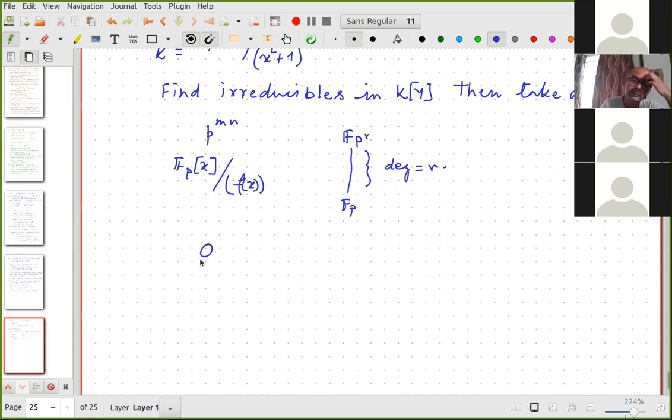Essentially you can do that over any PID. But anyway, maybe that is taking us beyond our scope. So you just replace Q by F_p(x), and then for irreducibles over F_p(x), you could have an Eisenstein criterion.